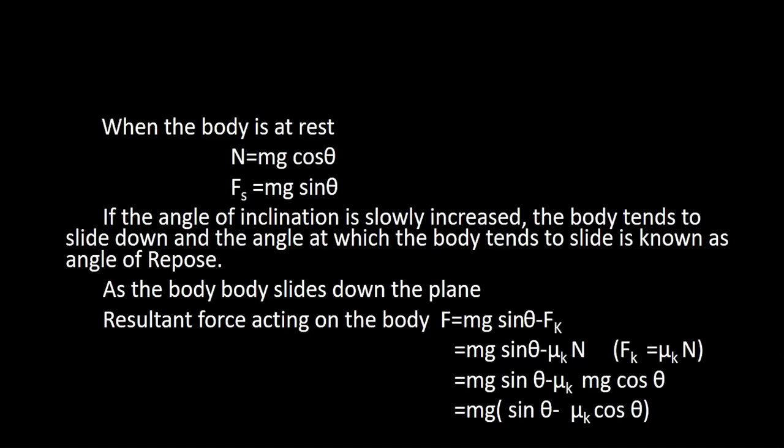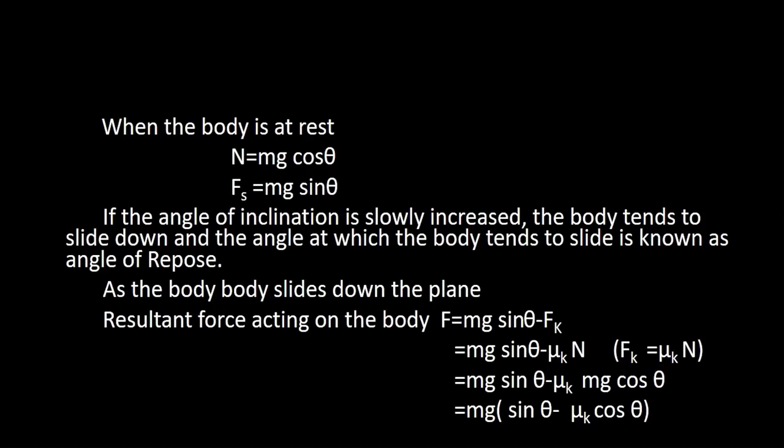Suppose we increase the angle of inclination theta slowly, then the body tends to slide down, that is, it starts to slide down. The corresponding angle is called the angle of repose. We have already learned this. The angle of repose is the angle at which the body just starts to slide.